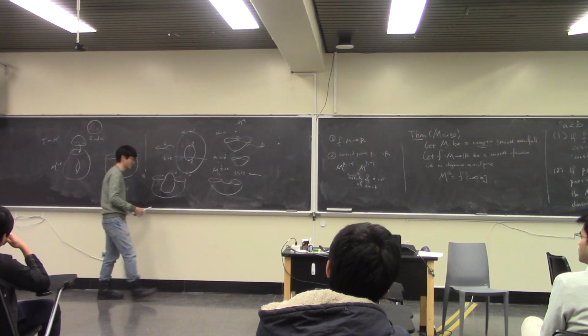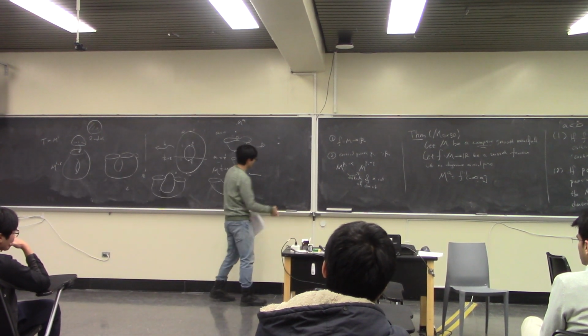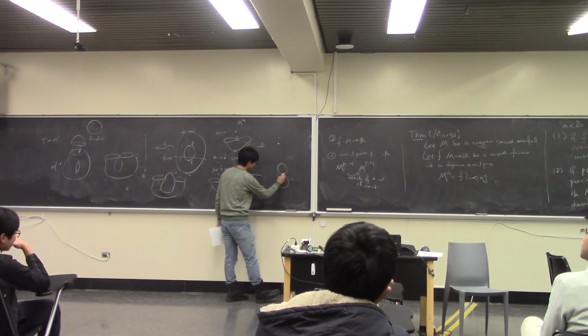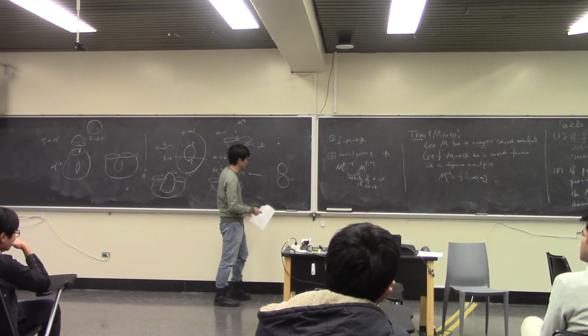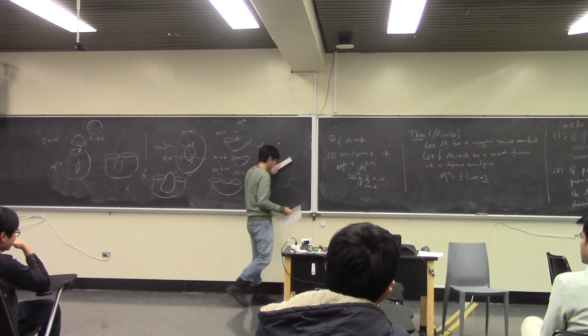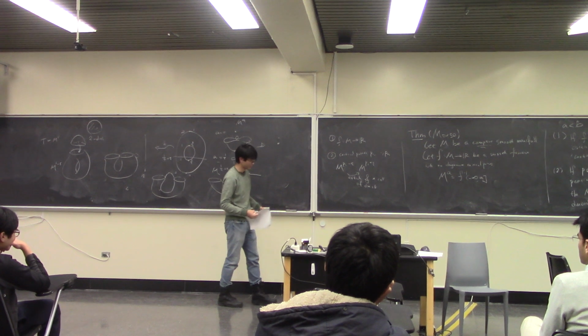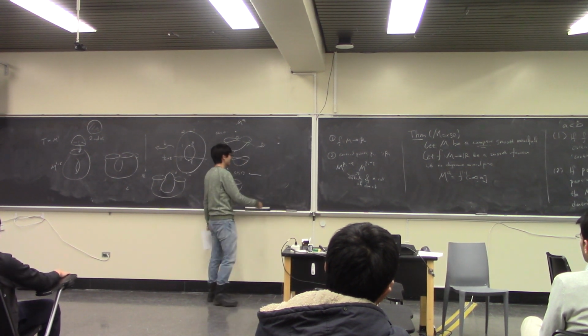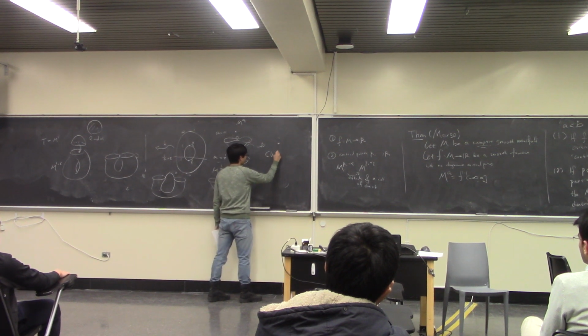And this is what we did in the very first example, where we started out with a 0 cell. We attach one cell, we attach another one cell, and we attach a 2 cell to form the torus. And spaces where you can do this, meaning you can start out with some points, you attach some 1 cells, you attach some 2 cells, have a special name, and they're called CW complexes.